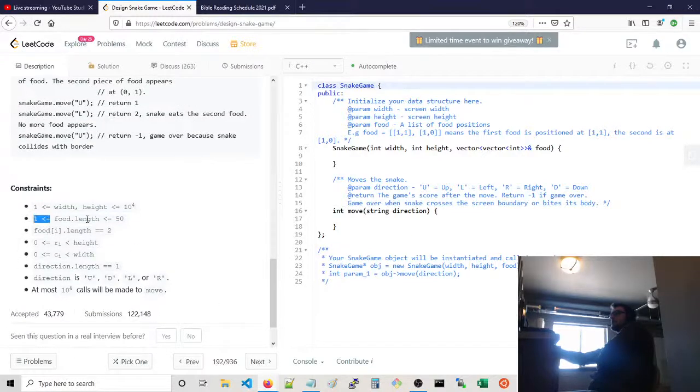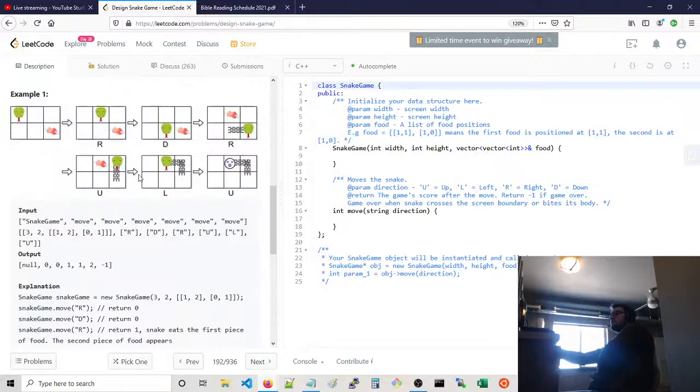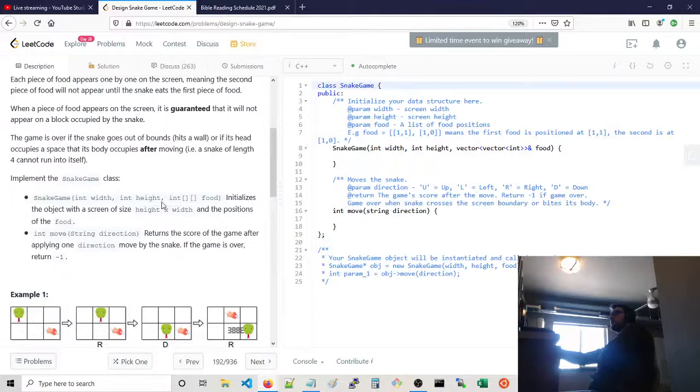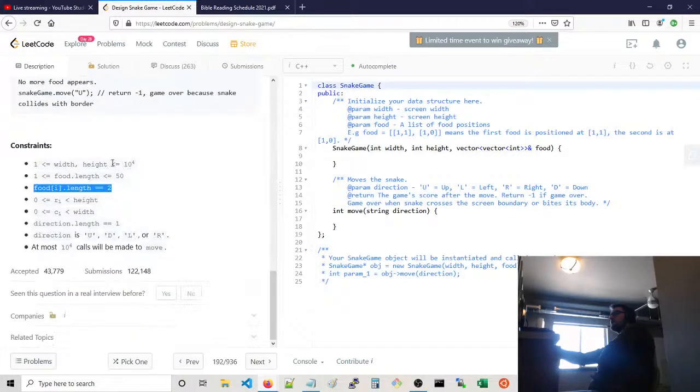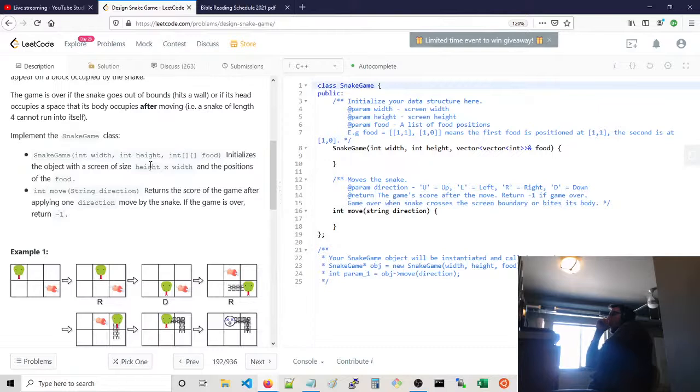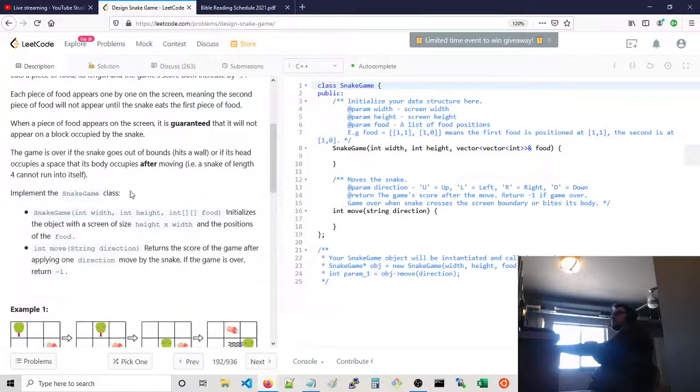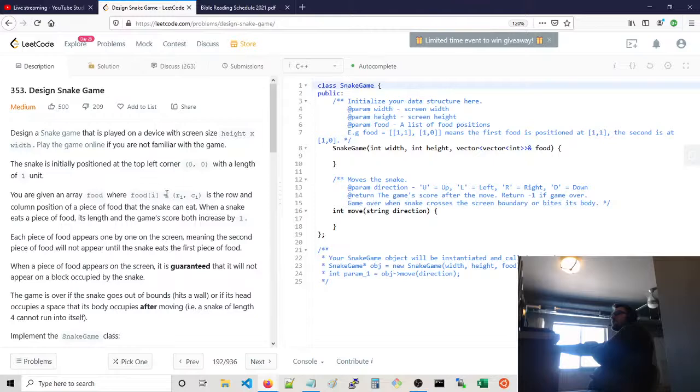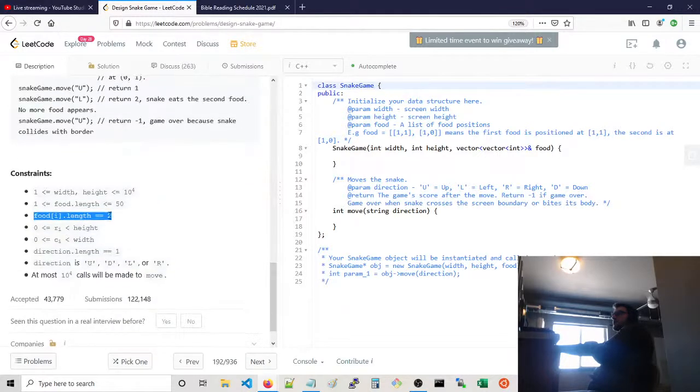So we have a width and a height. We have this food. We have food length. Oh, there's 50 pieces of food. Okay, I get it. Food of i is this vector, basically a pair of integers, the width and the height.